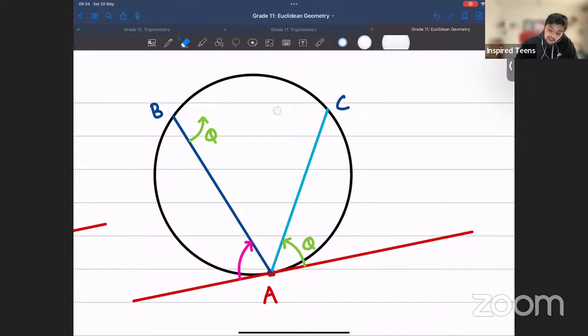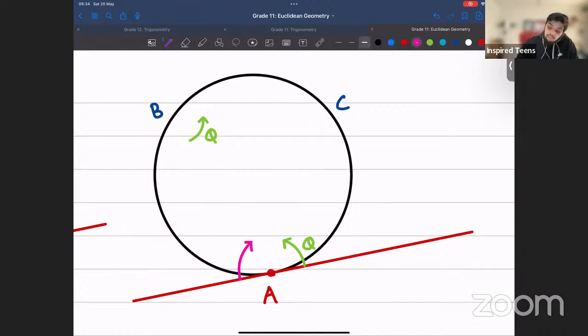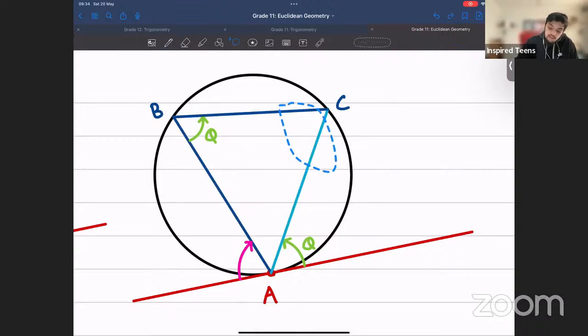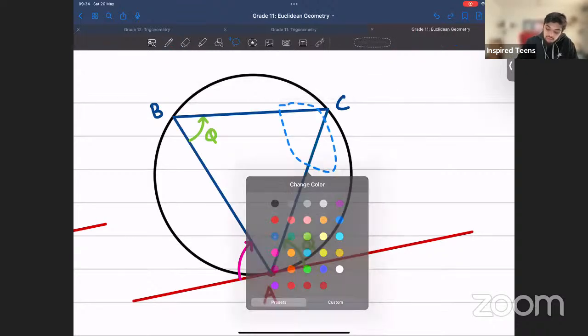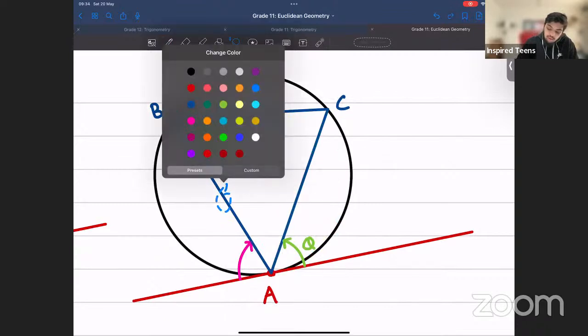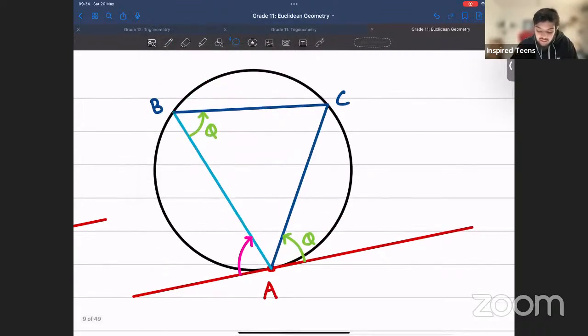But in this case, I'm using a different chord. What chord am I using? Now I'm using this chord, BA, AB.